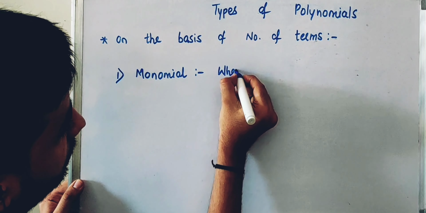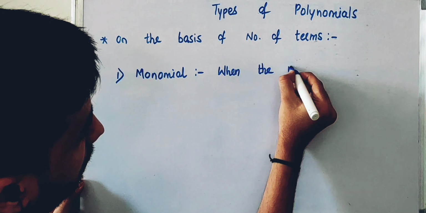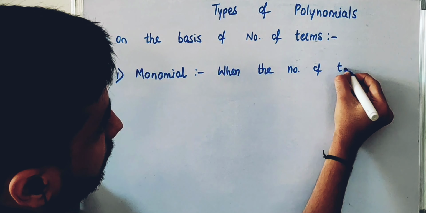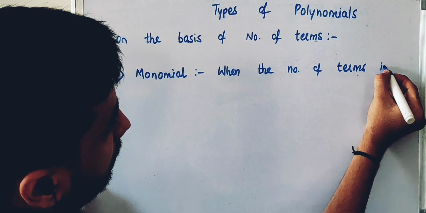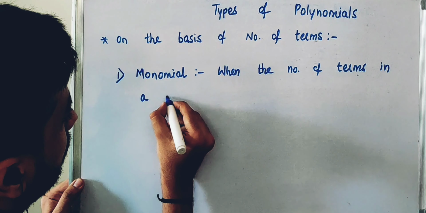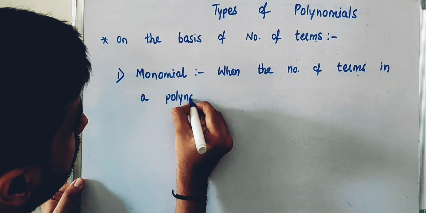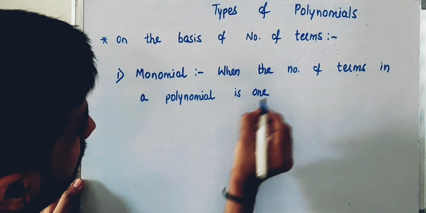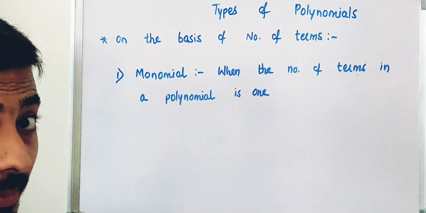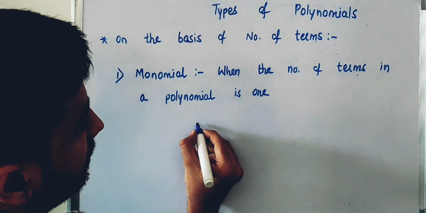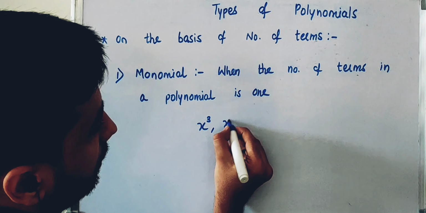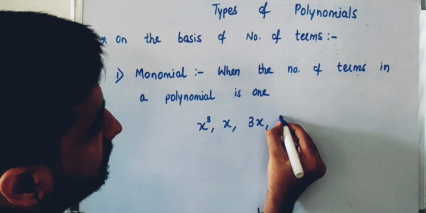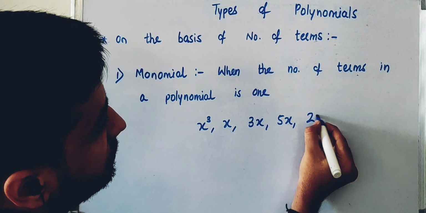When the number of terms in a polynomial is 1, then it is known as monomial. For example, x cube, x, 3x, 5x, 2z.